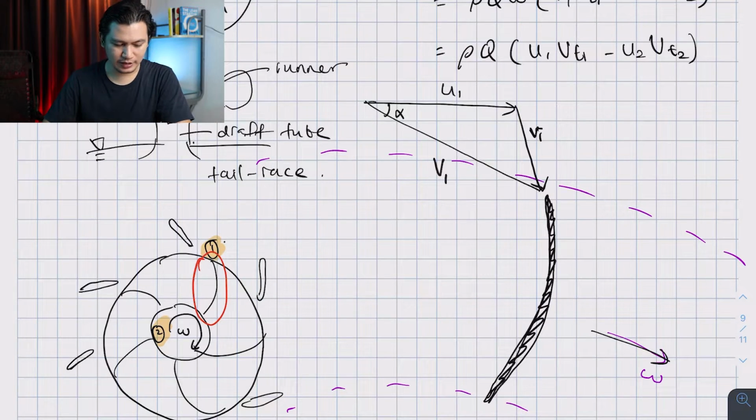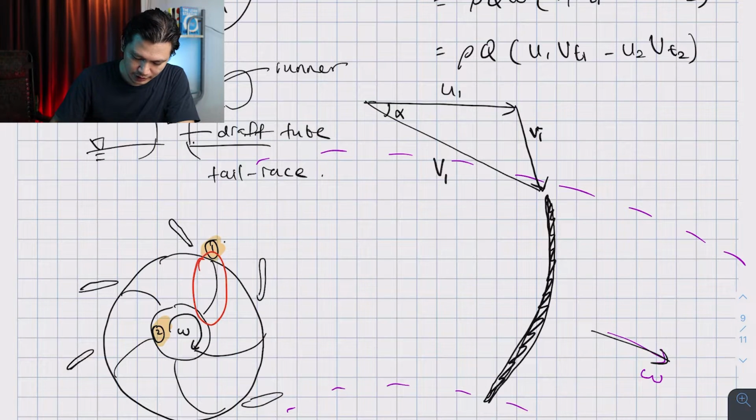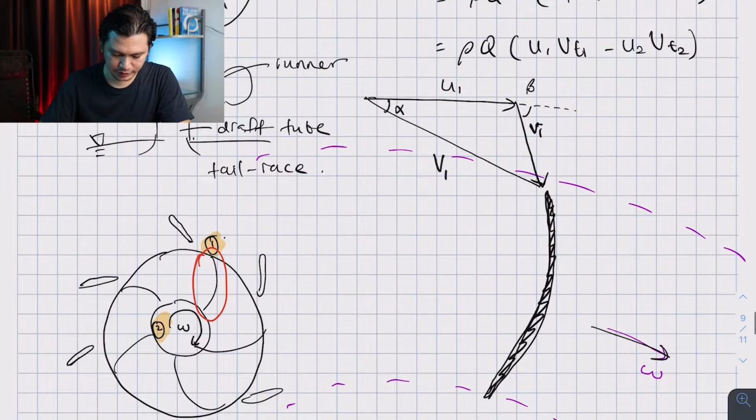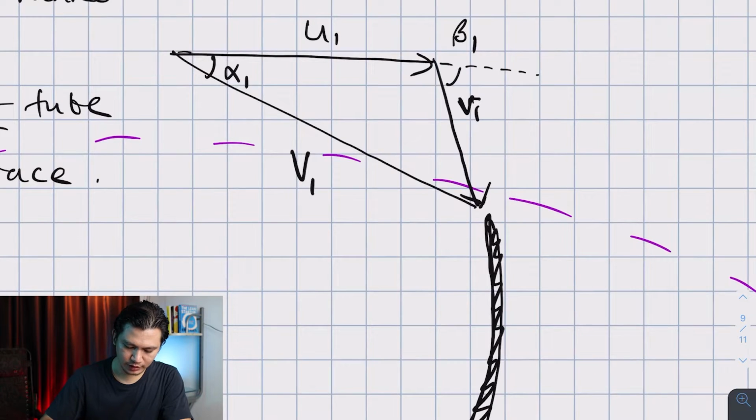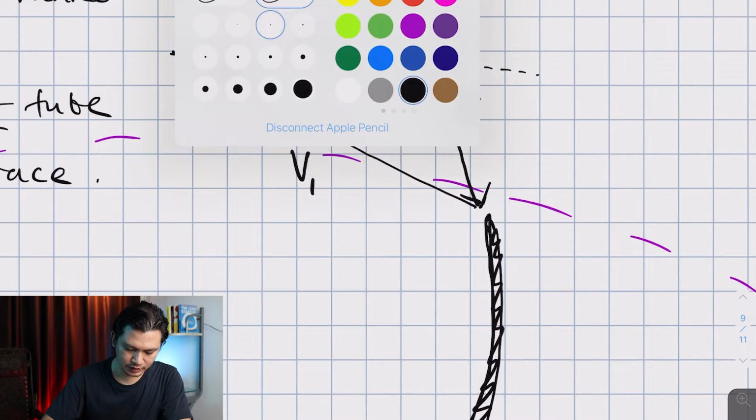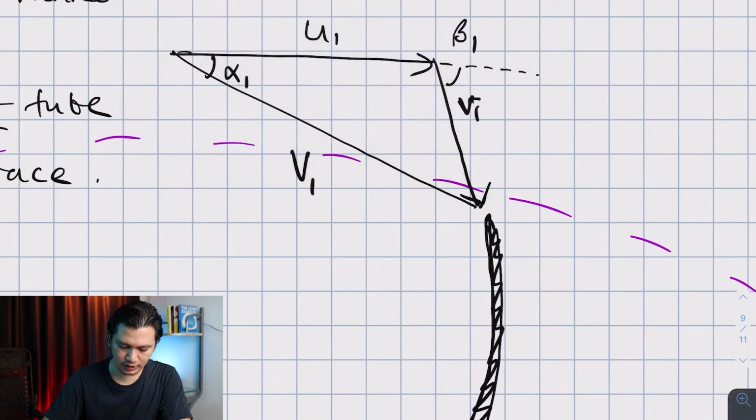So where is our beta? If I extend this line, this is my beta. If I label this correctly, this is alpha 1 and this is beta 1. If I zoom in a little bit more and draw the line that is going to be perpendicular to the blade speed, which is this line.